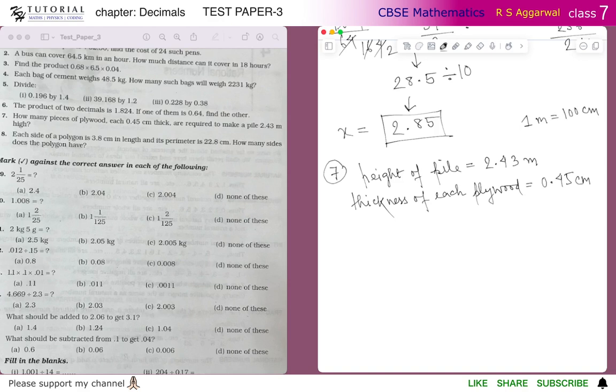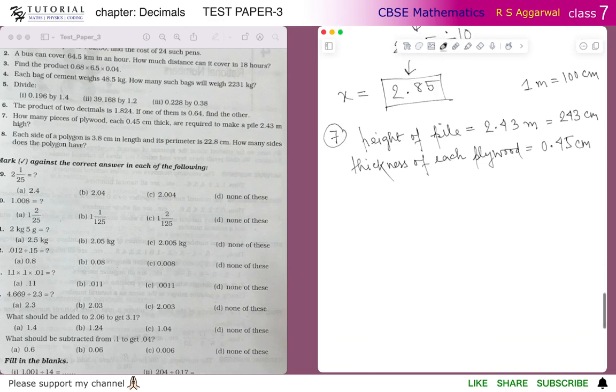So the height of the pile, given as 2.43 meter, is 243 centimeter. So thickness of each plywood is this.